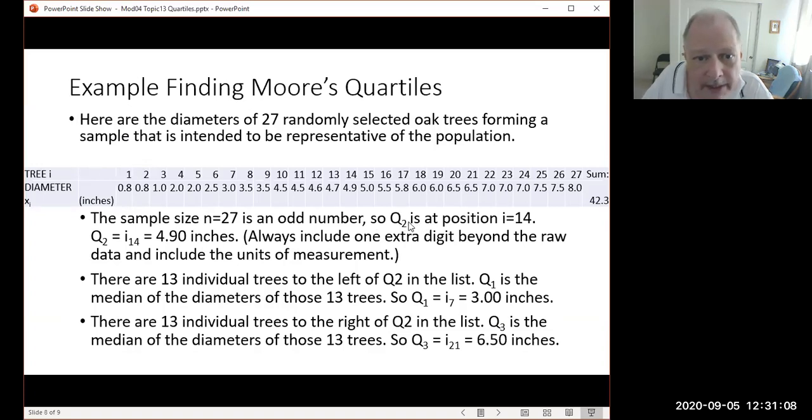So the second quartile is the guy in the middle here at position 14. You see, i is the index of the tree. If i equals 1, that means tree number 1. And if i equals 2, that means tree number 2. And so i equals 14 is referring to the 14th tree in order.